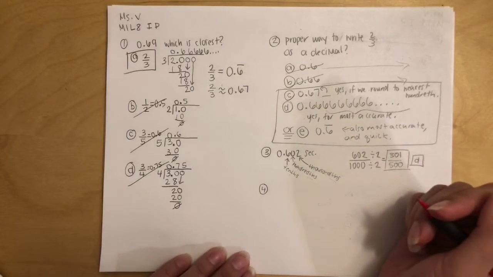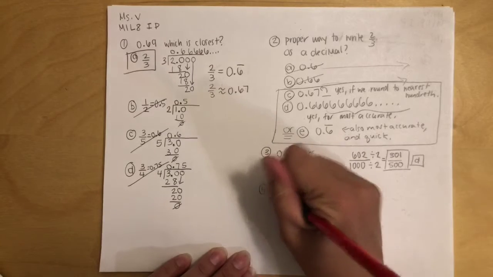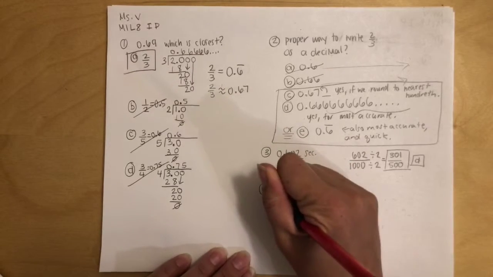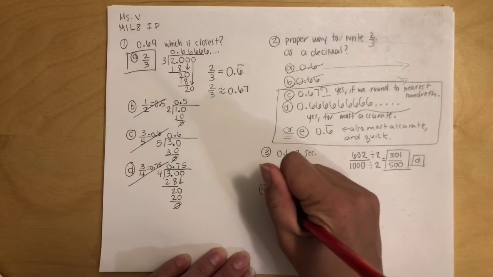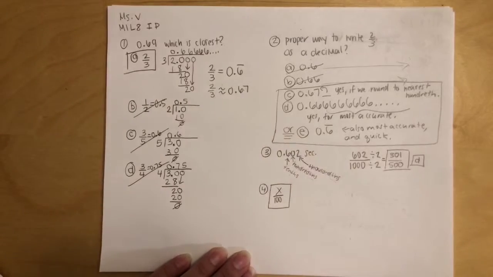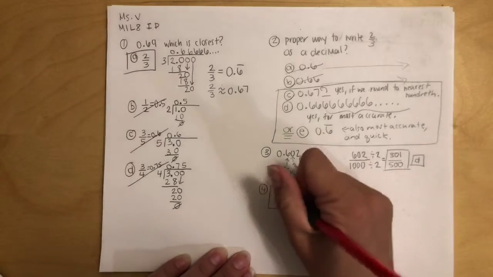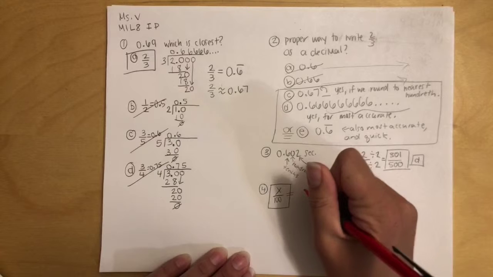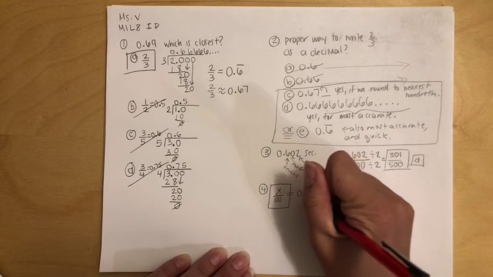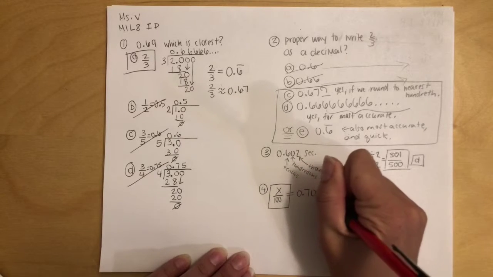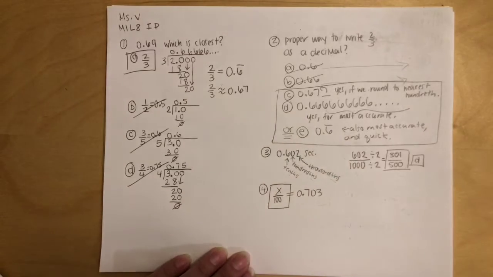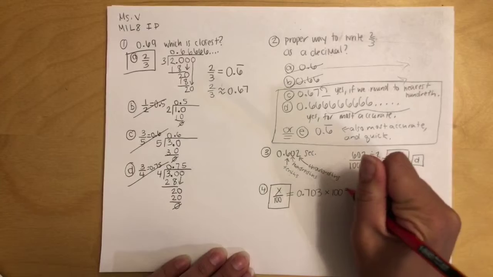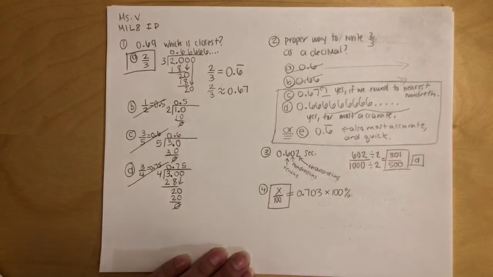Let's say her score was X, right? So she got X out of, I don't know, 100. Okay? So she took her score, divided it by 100, and got 0.703. She wants to turn that into a percent. Well, all you have to do is multiply it by 100 and put the percent sign on it.